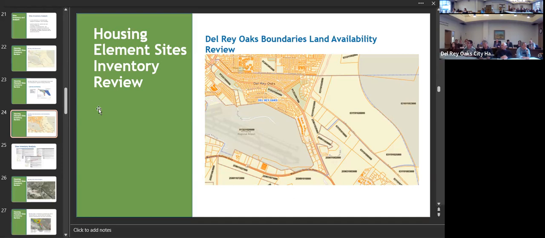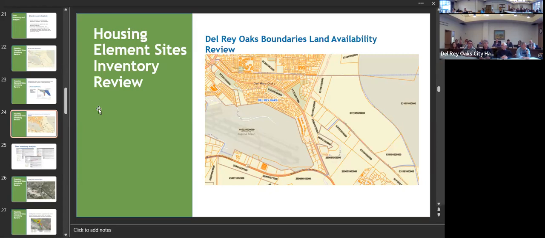It's on the other side of Canyon Del Rey, near the Parks District, Rocktown. That's very limited and has a lot of environmental constraints and wetlands, and it's also being considered as an extension of the park. So that was taken out of the fifth cycle land use inventory.